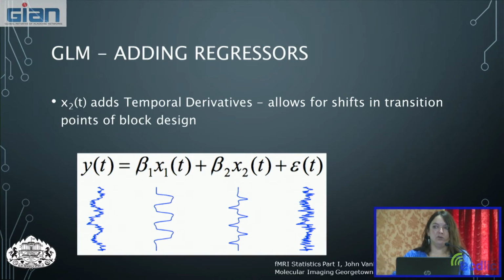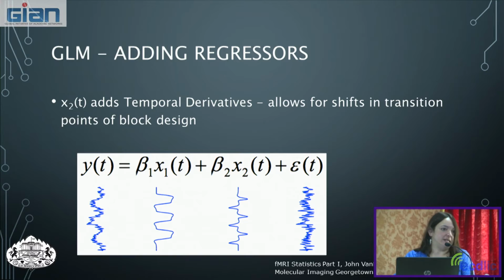Okay, so I showed you the case when we had one predictor. We could add second predictors, and people do. It depends on how complicated you want to get your model and how good a fit you want. You can add as many parameters as you want. So another parameter that somebody might add would be the first derivative.